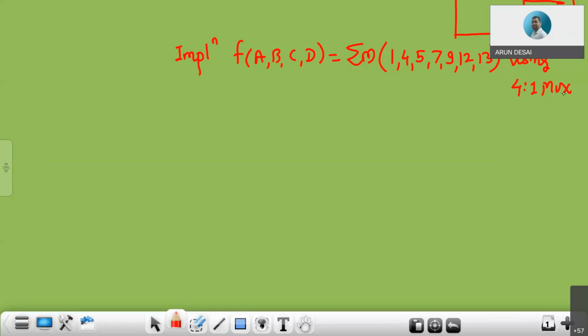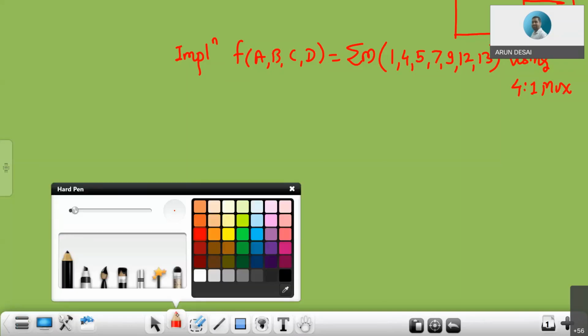Now, see, there are a total of 16 input lines present. Why? Because there are a total of 4 variables. So 4 select lines with 16 input lines are present.